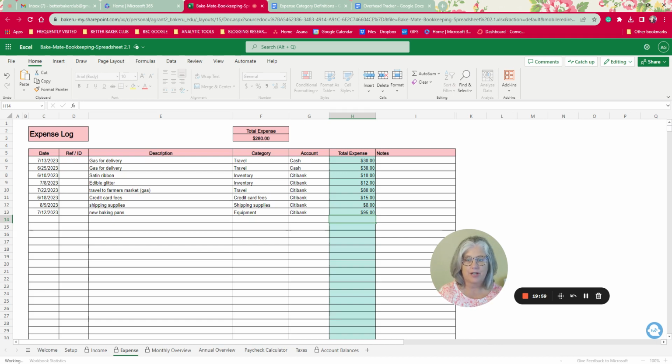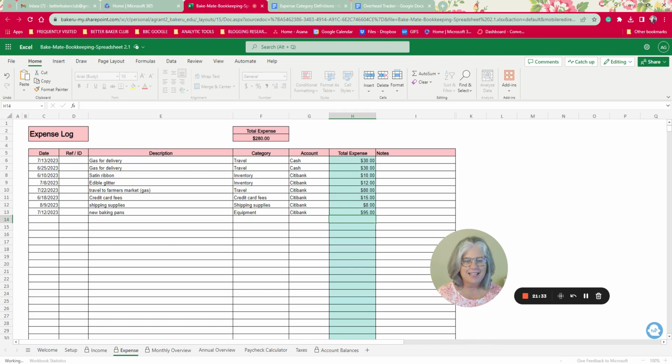And then that'll give you an idea of how much you are impacting your water bill, for example. And then if your business wants to pay your home for your water expenses, you can actually log that as an expense and write a check to yourself for the amount that your bakery is using in water.